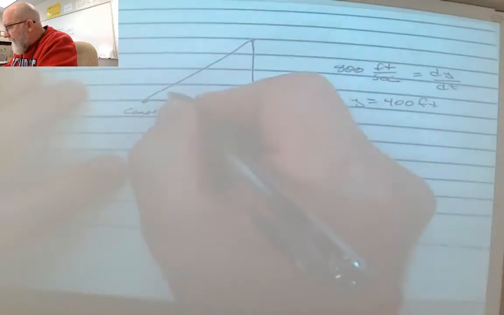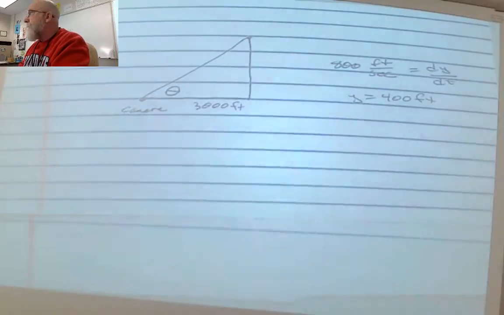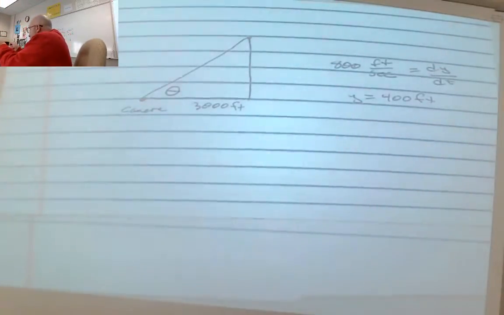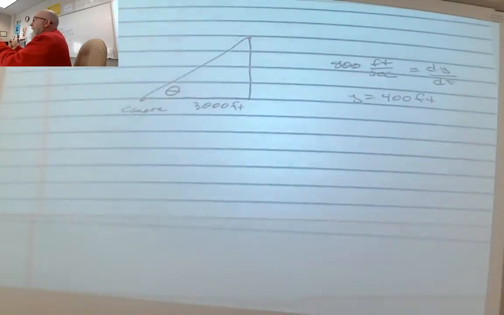So, this theta right here, I'm going to put a theta here. Have you ever seen the symbol theta for an angle measurement? Okay, now, this is a very common problem. When I got my camera and I'm looking, my angle is changing, correct? It's rising. We call that the angle of elevation. Does that make sense?